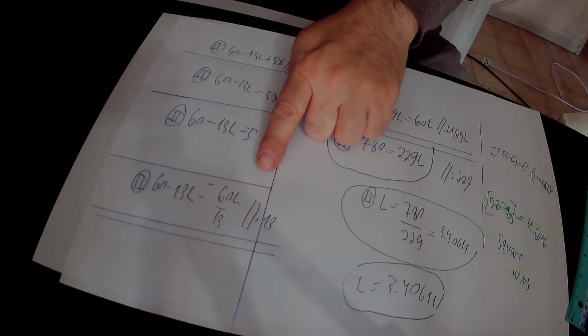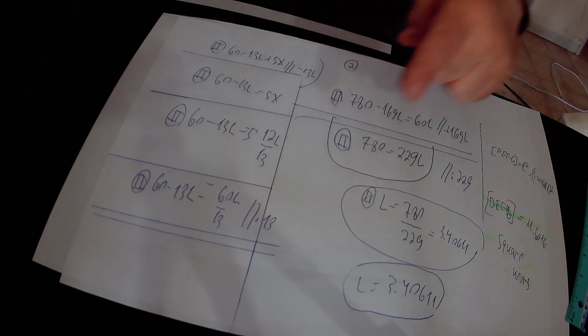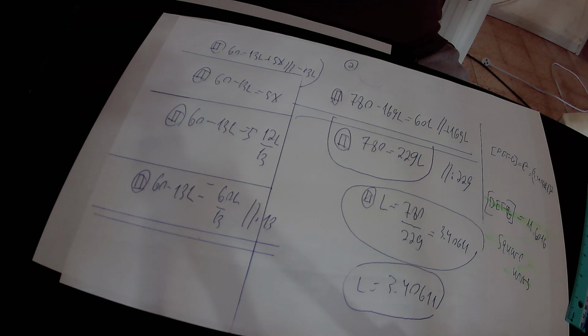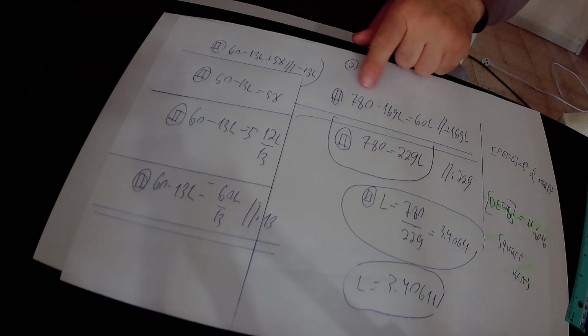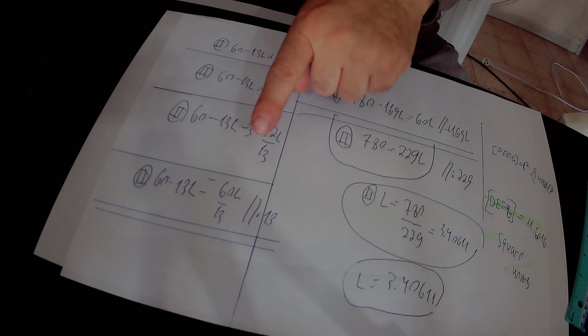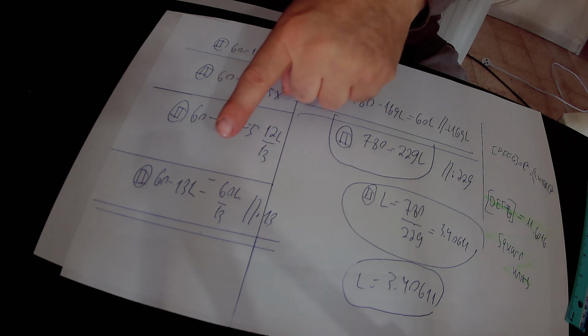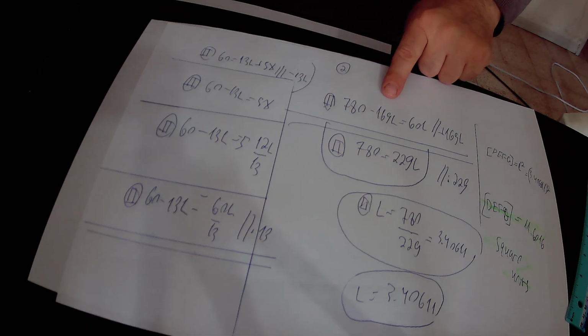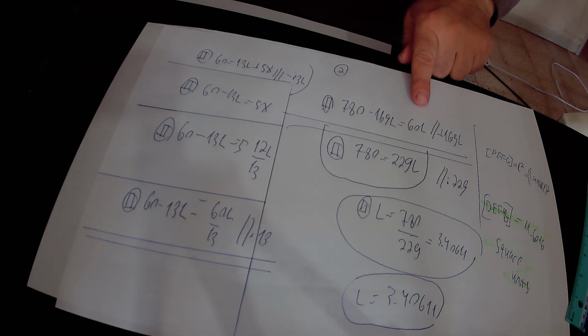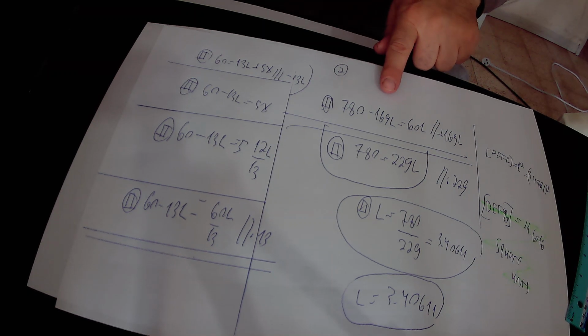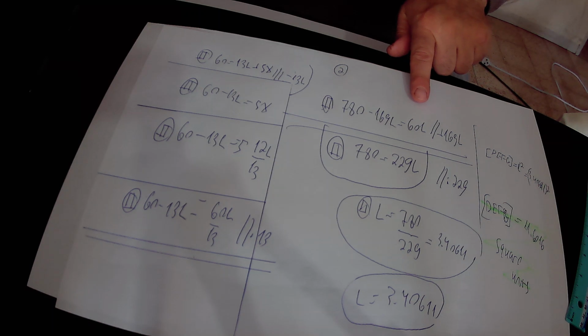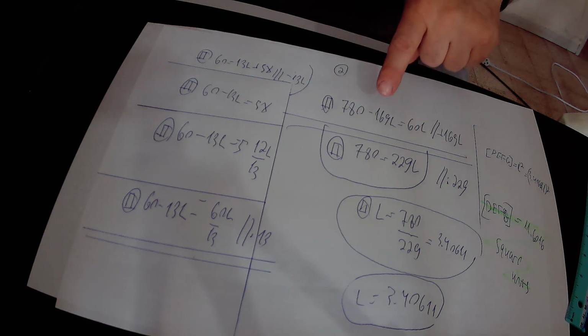Here we multiply this equation by 13, and finally find that 13 times 60 is 780, and 13 times minus 13L is minus 169L, and it equals 60L. So 780 minus 169L equals 60L. Here we add 169L, and find that 169L plus 60L is 229L, which equals 780.